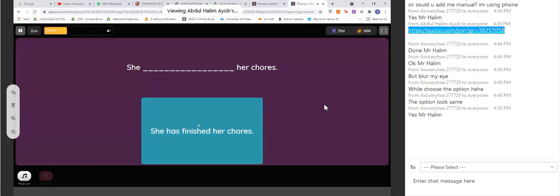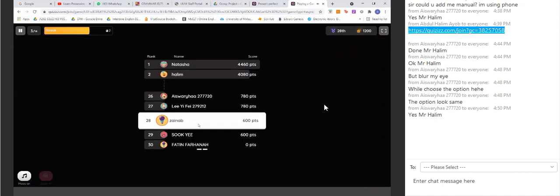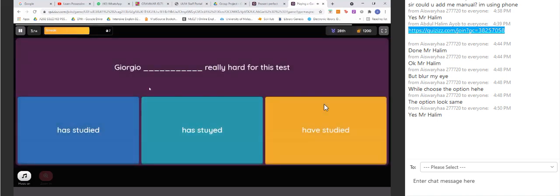The blue one, the light blue one. Okay. So Giorgio has studied, not have studied. Have studied is completely wrong because Giorgio is a singular noun. If it's a singular noun, the verb should also be singular.